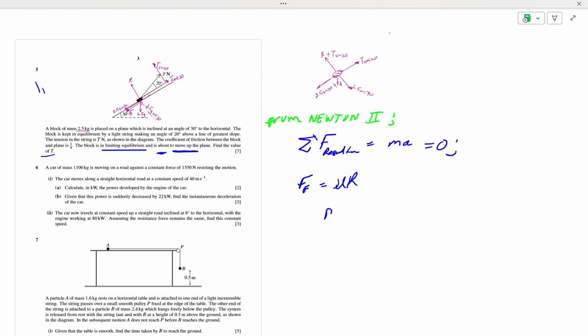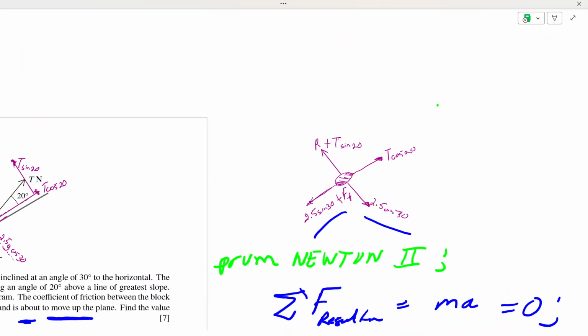Since those two are equal, we're going to have R plus T sine 20 is equal to 2.5 g sine 30. I'm supposed to have g on all of these, even this. This is supposed to have a g. My bad for that mistake. 2.5 g sine 30, and here there's also supposed to be a g like that.